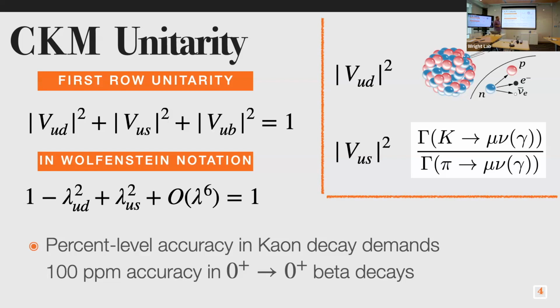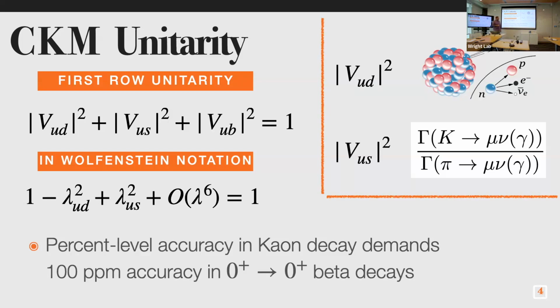Is that equal to 1? This number is so small you can basically neglect it. So basically first row CKM unitarity comes down to testing these two numbers and seeing if, when I square them, the absolute values give 1.